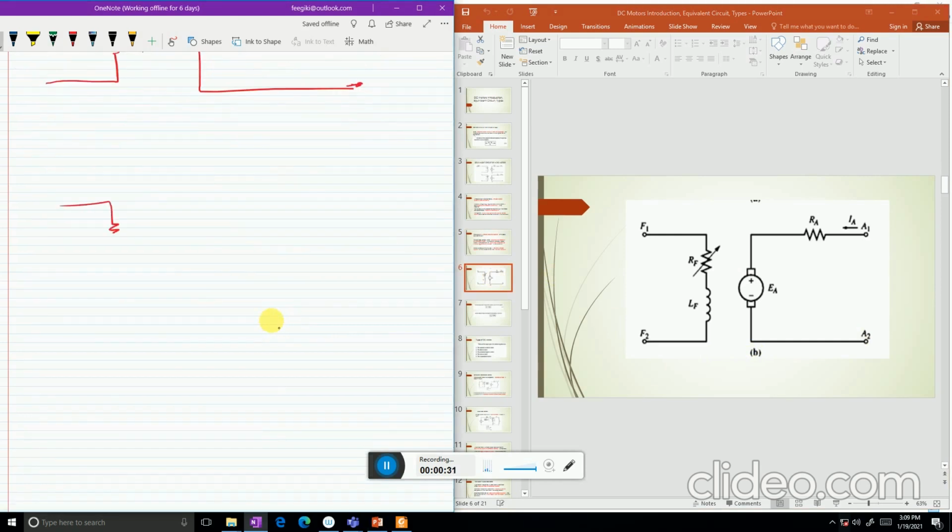This is the field circuit, its resistance, inductance, and armature voltage.